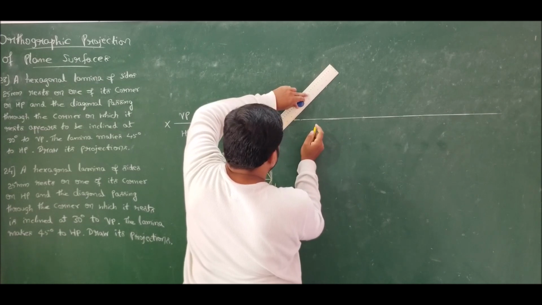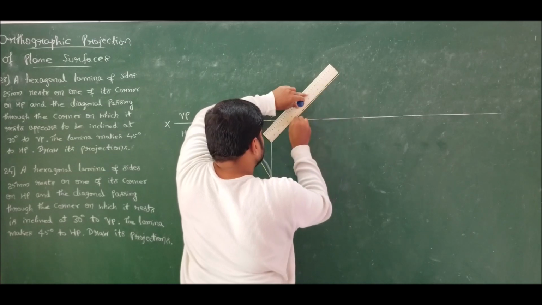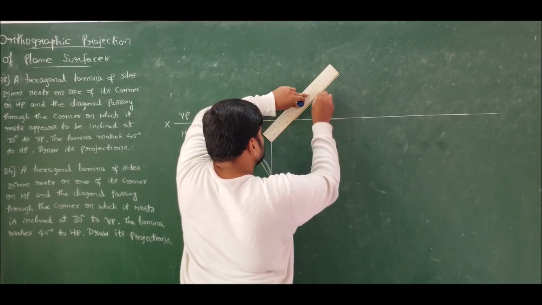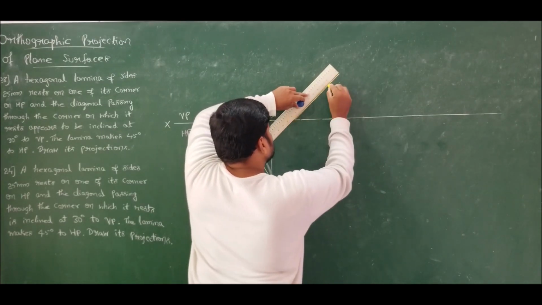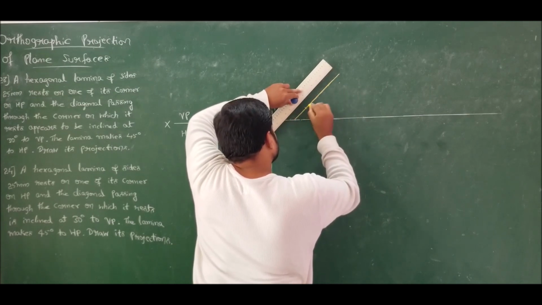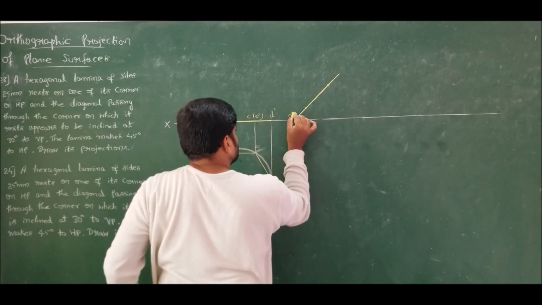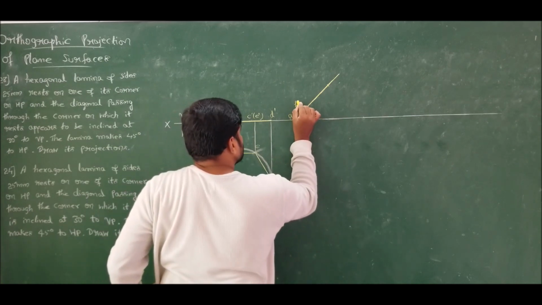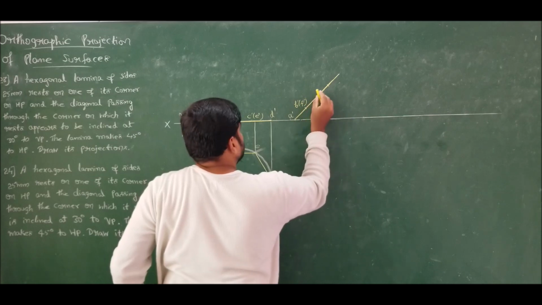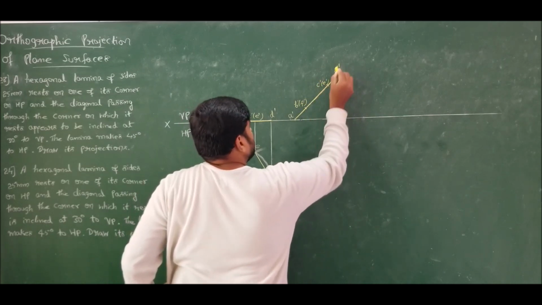So transfer the lamina, whose length is 50 mm. Transferred. Mark the corners A dash, B dash, F dash, C dash, E dash, and we have D dash.